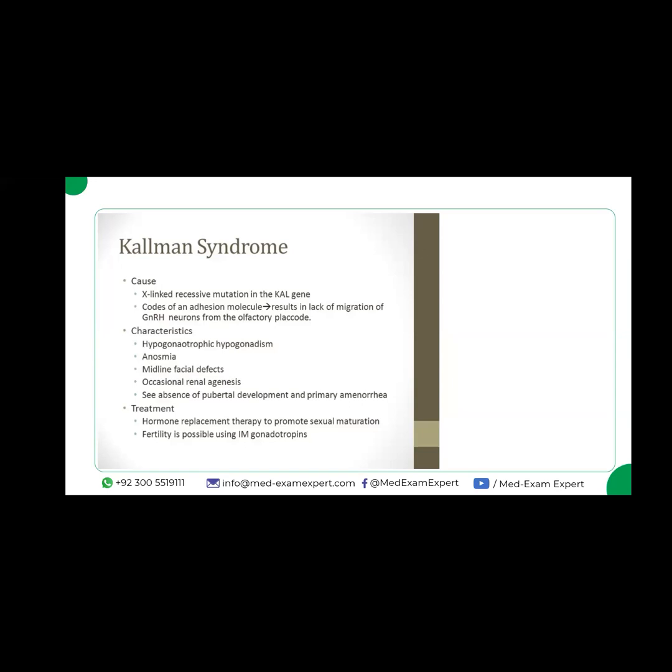Sometimes they have associated renal tract abnormalities. They have absence of pubertal development as well as primary amenorrhea. The treatment is hormone replacement therapy to promote sexual maturation, and fertility is possible in these patients with the use of injectable gonadotropins.